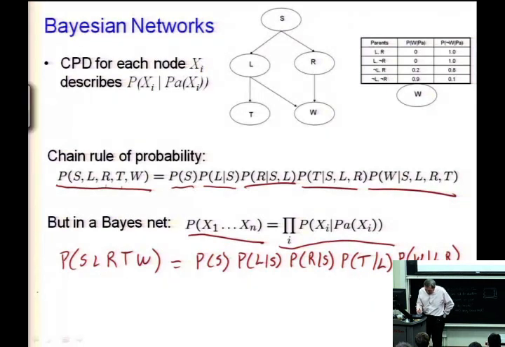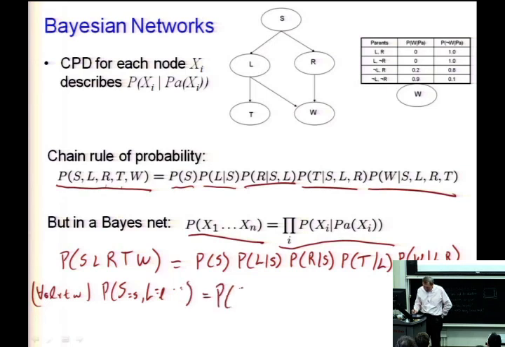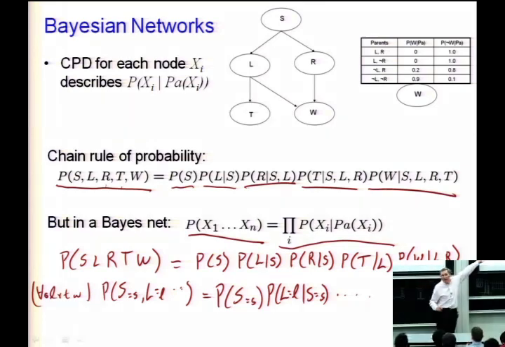Underneath all these, what I really mean is, for every little s, little l, little r, little t, and little w value that those random variables could take on, the probability that S takes on little value s and L takes on little value l and so forth is the probability that S takes on that same little value s, etc. So whenever you get confused about what it means to multiply these distributions, just keep in mind that we just mean universally quantified over all the possible values those random variables can take on.